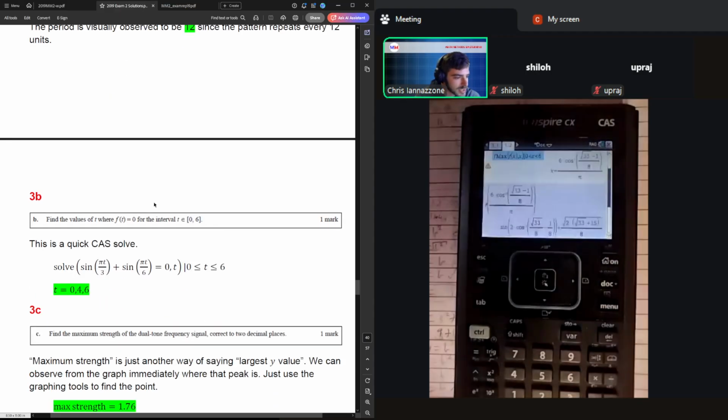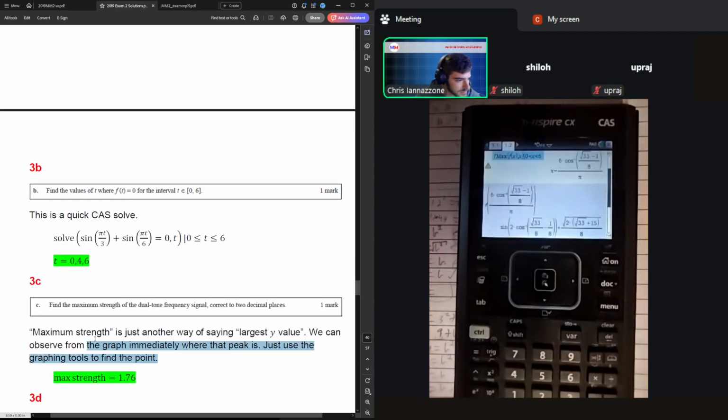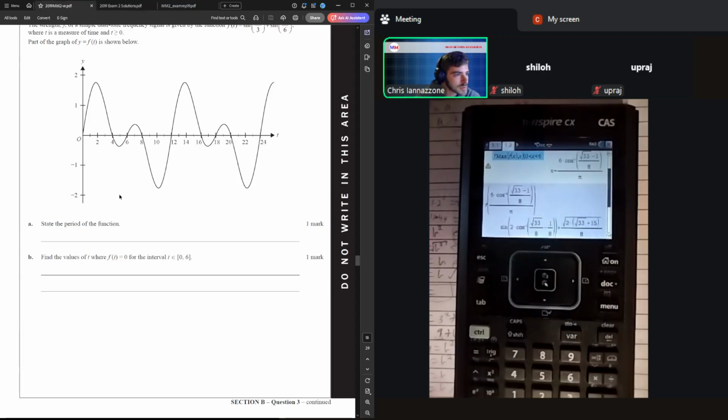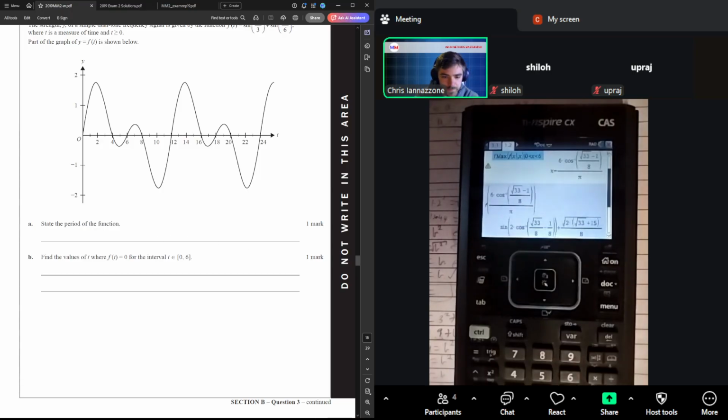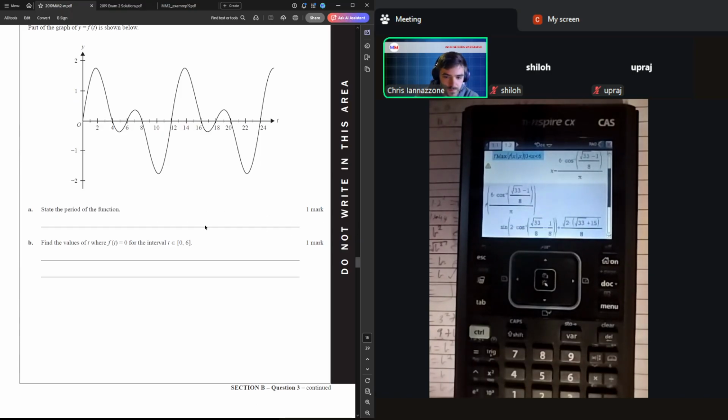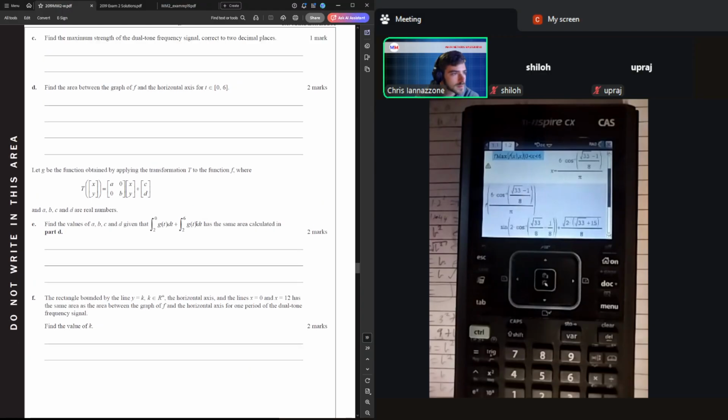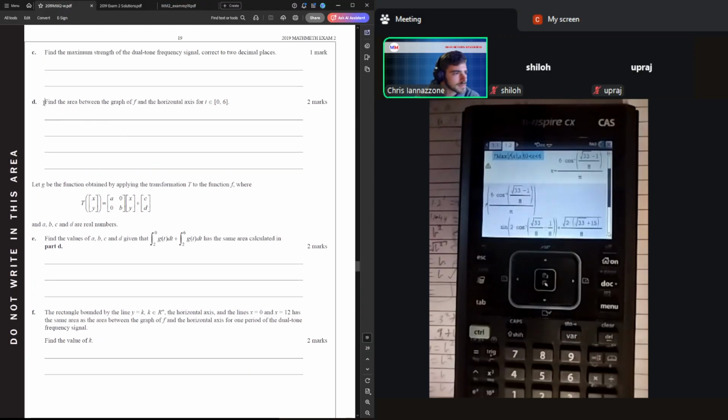The other approach could be the graphing tool, which I don't actually have a picture on, but that's what I did there. You just plot f of x on the CAS and then use the tool to find the maximum there. In fact, doing the graph may or may not have been helpful for D. Find the area between the graph of f and the horizontal axis.